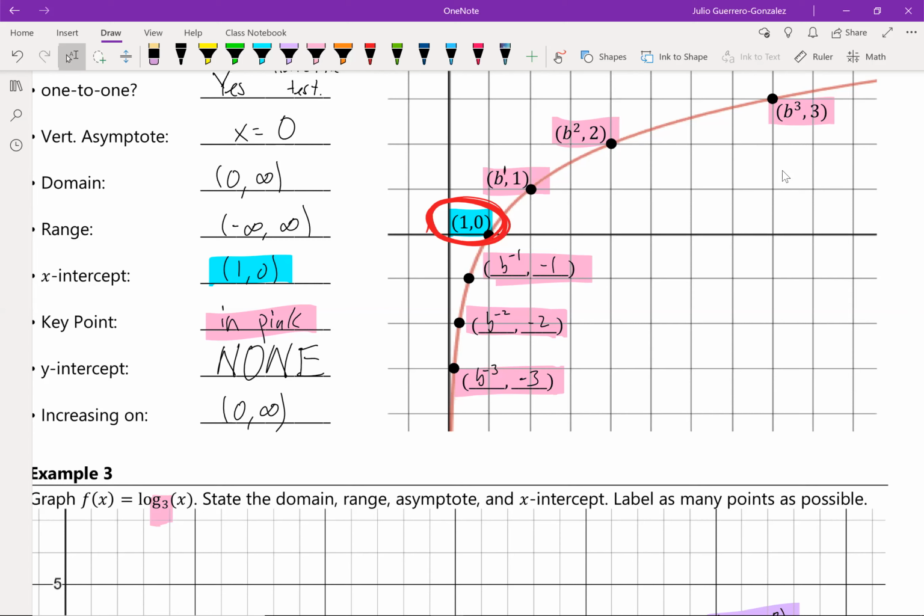I forgot what the ln thing is called. Would that be any different? Yes and no. The only difference is when you have ln of x, it's equivalent to log base e of x.